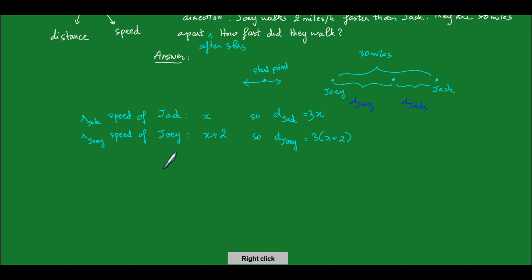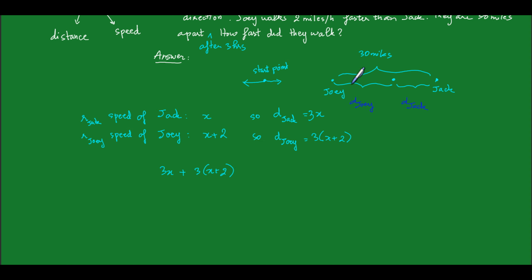So I'm going to add both of them together. I'm going to add 3x to 3 times x plus 2, right?